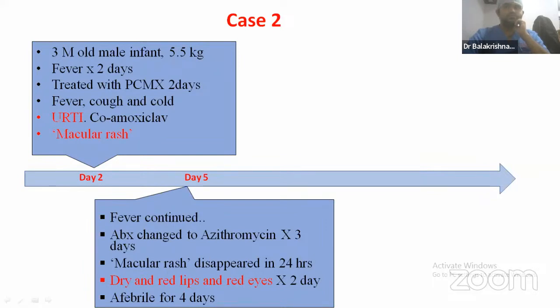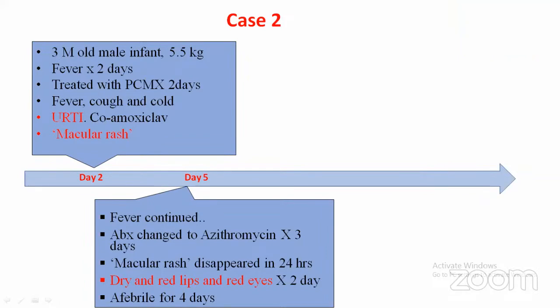Kawasaki. Okay, right away you want to think Kawasaki, or viral exanthema. So whenever you see fever with rash, how do you approach any child with fever with rash? The type of rash.